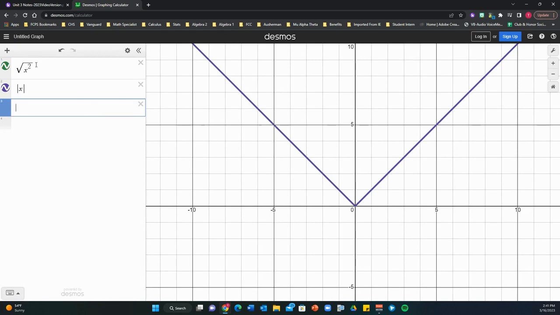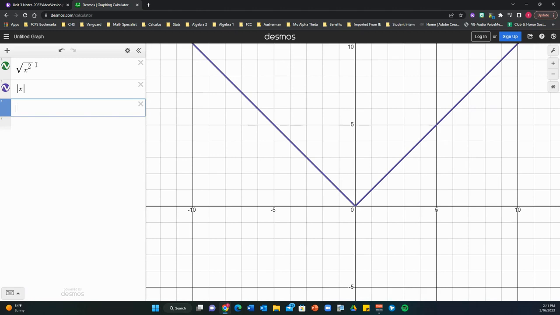Yes, we always talk about their inverse relationship and the idea that they cancel each other out, so we're left with x. But the value of the square root of x squared is going to be positive unless I denote that it's supposed to be negative on the outside. Since I didn't do that, the outputs have to always be positive.